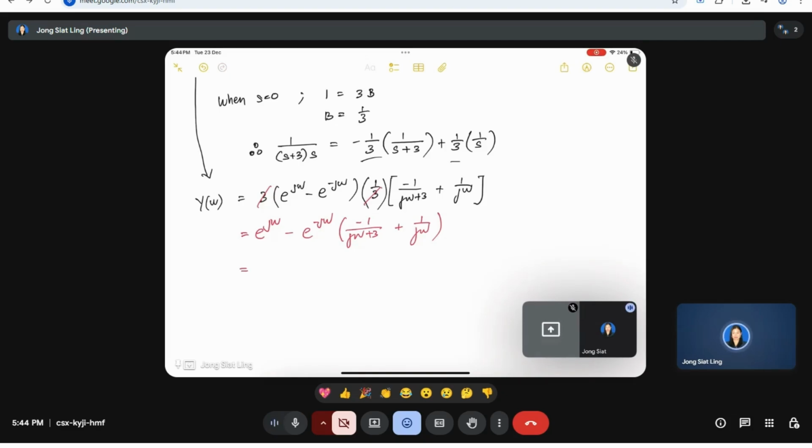So now I can multiply in. Okay, I multiply in like this.